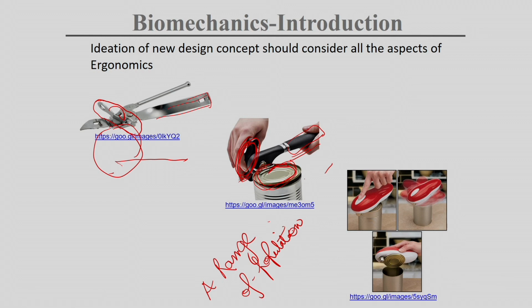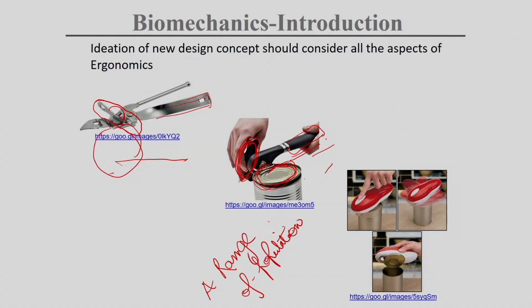If it is something circular, then it is very easy for us to hold it and properly grip it and then use that product, which is very easy for the other product. But in this case it is not very easy because this is a flat one.